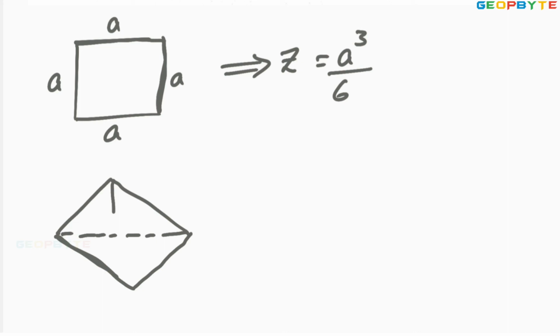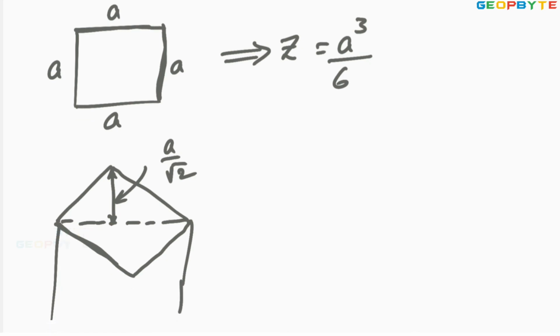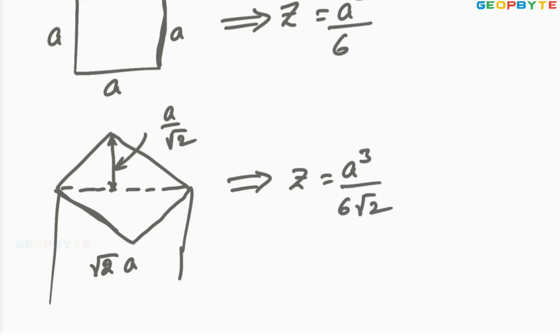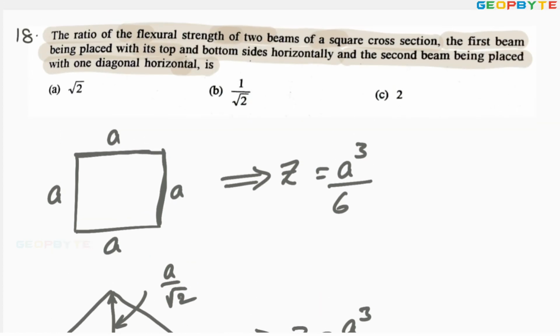So in this case, this vertical distance equal to A by root 2, and this horizontal distance equal to root 2 A. For this case, the section modulus Z equal to A cube by 6 root 2. Then what is he asking?